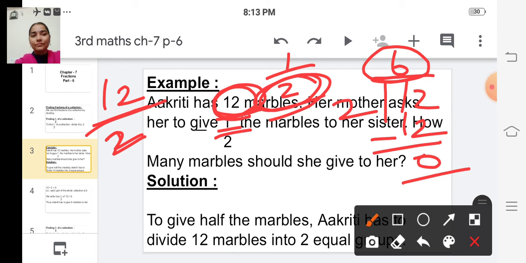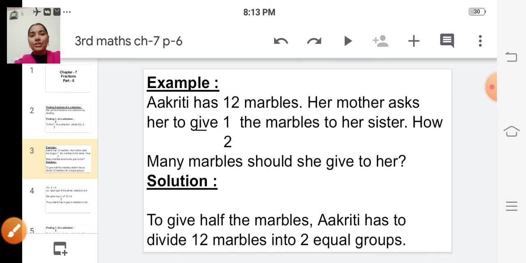So we'll read the solution. To give half the marbles, Akriti has to divide 12 marbles into 2 equal groups. Equal is important. 2 equal groups. One is for Akriti and another one is for her sister.